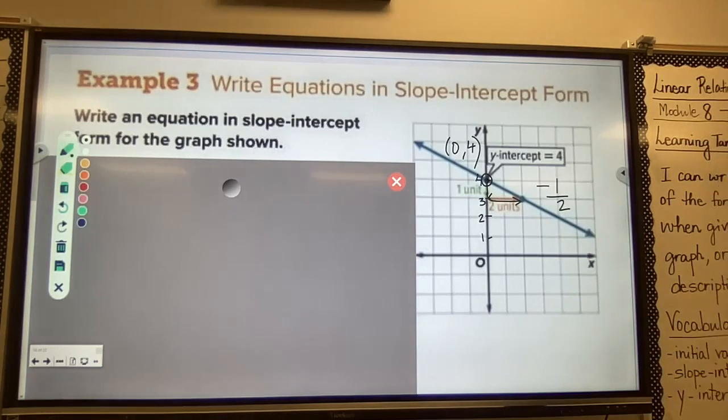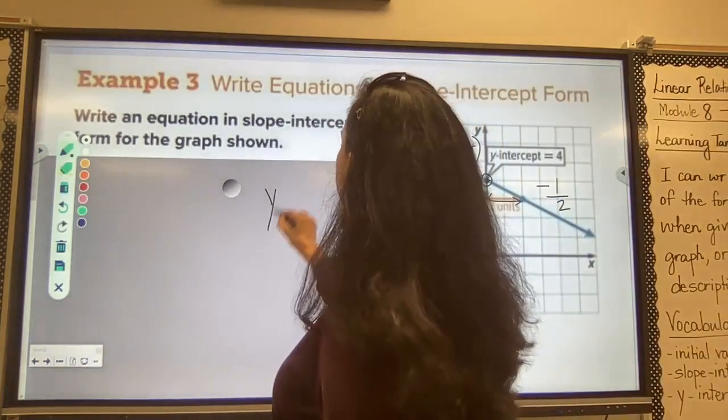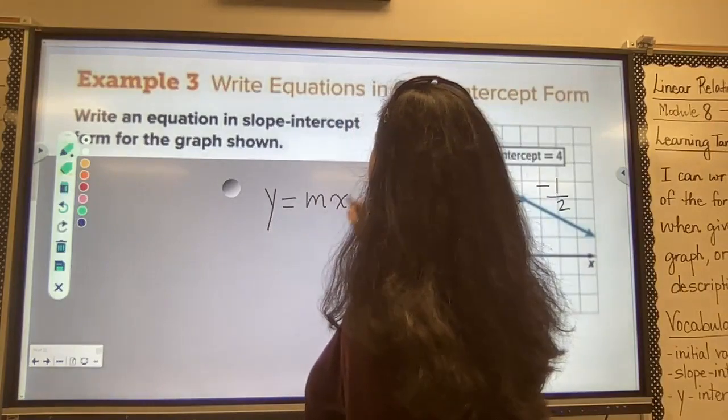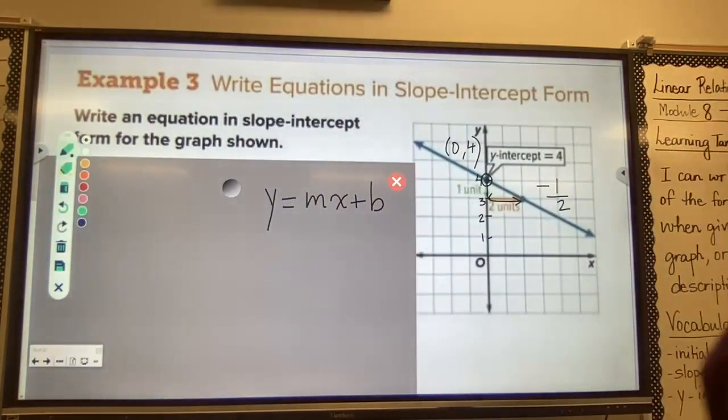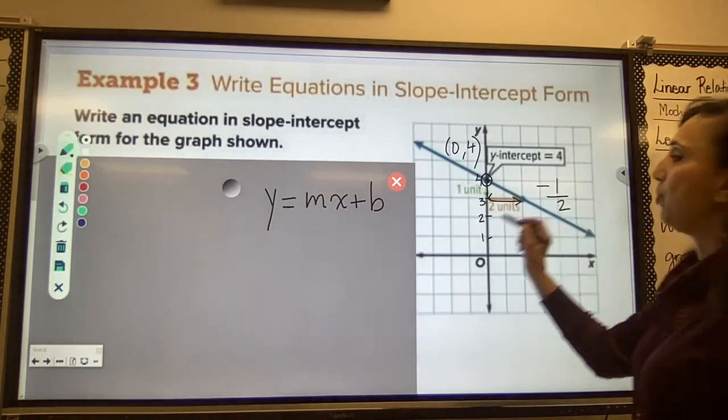Okay, so now once I have this, I am just going to write the equation in the form we have. What is the slope-intercept form? So y is equal to mx plus b. I am going to substitute the values. My slope is negative 1/2.